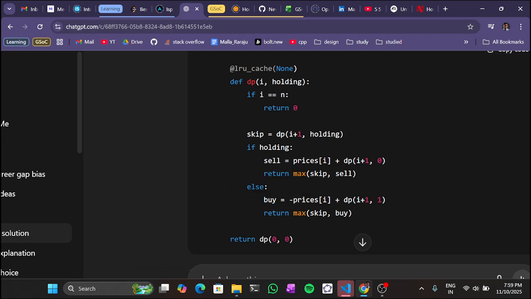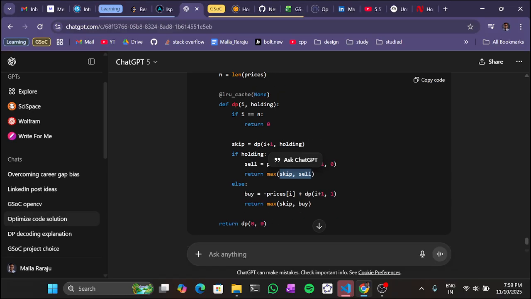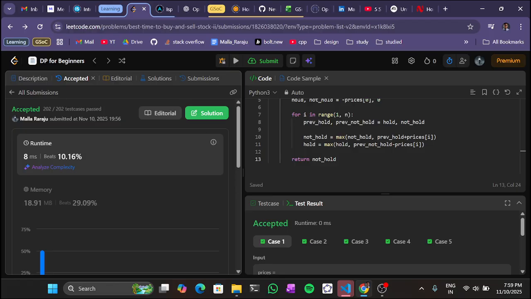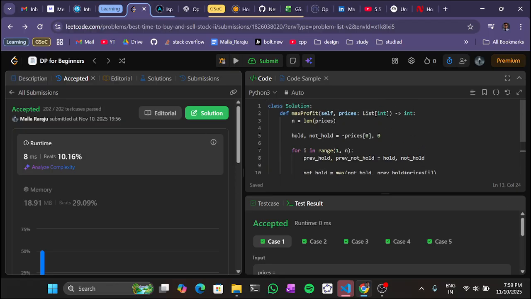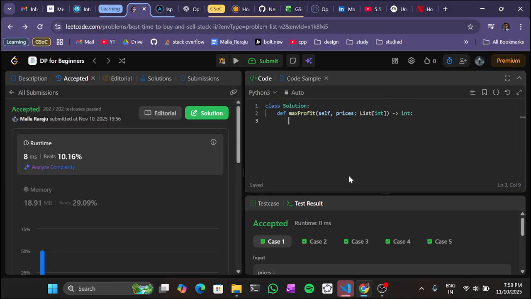So we are checking the maximum of whether skipping, selling or buying would give the maximum value at every point. So this is the greedy approach and DP both, and we can do it without any confusion.